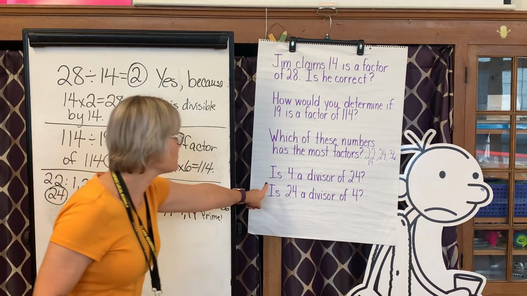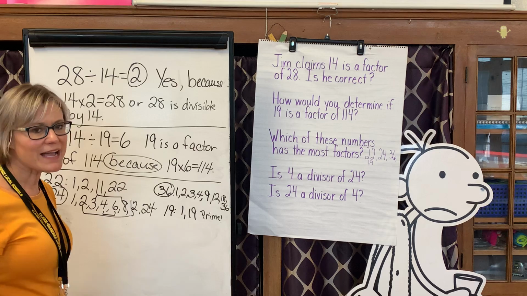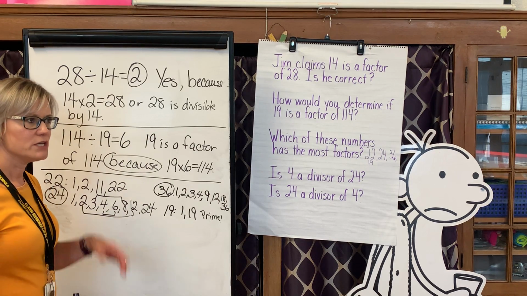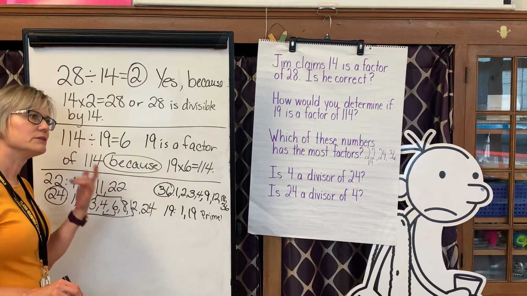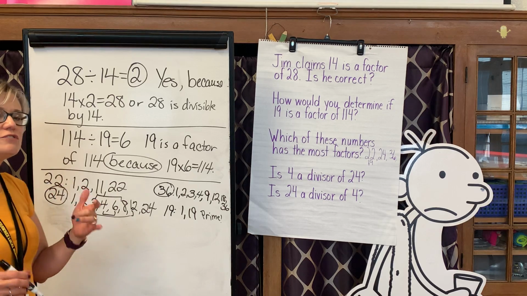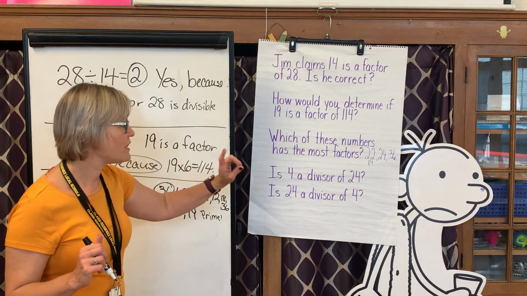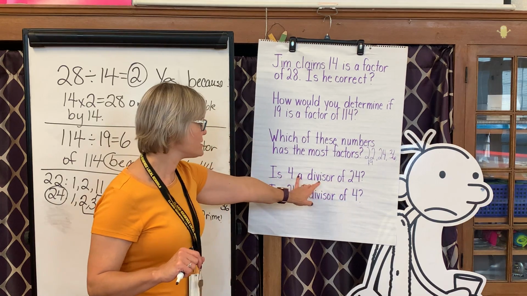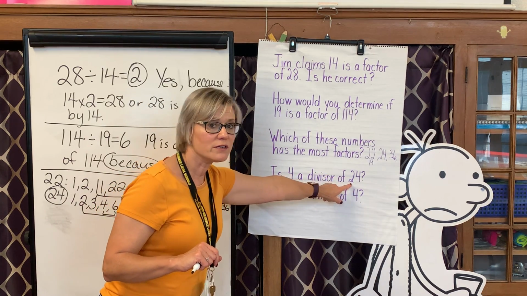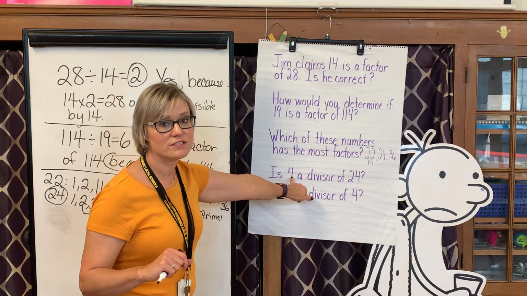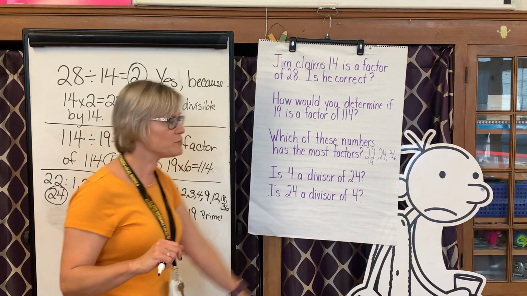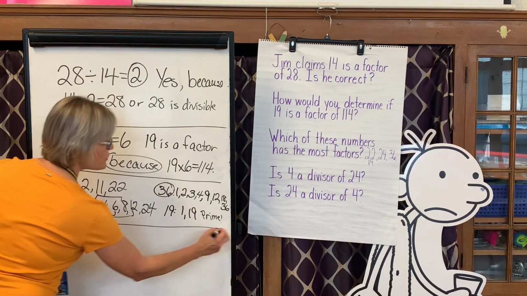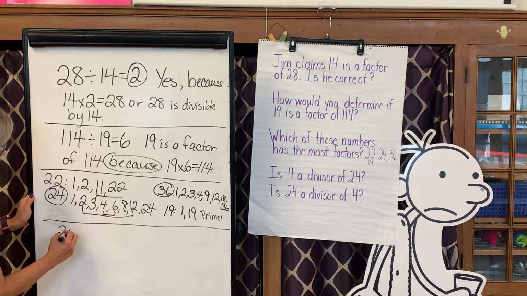Okay, now, is 4 a divisor of 24? So I have to think back and remember, okay, what is a divisor? So divisor means that the number here divides into it. So does 24 divide into, or is it divisible? Is that divisible by 4? So we're thinking 24 divided by 4.